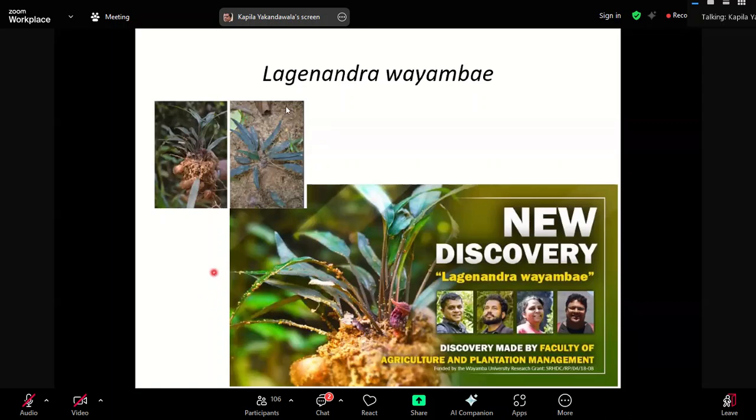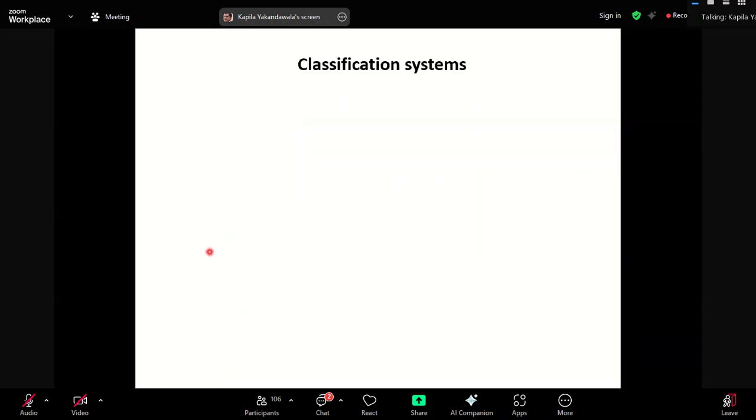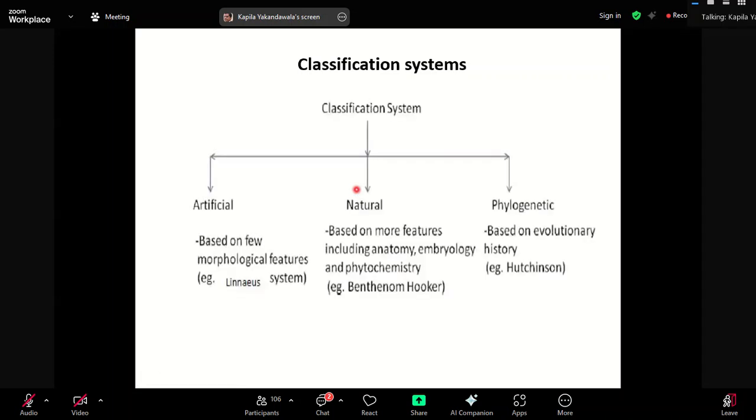We named it based on the code of botanical nomenclature, the International Code of Botanical Nomenclature. We have to follow this, right? Okay, so those are examples. You don't have to remember those examples, but they convince you of the importance of correct identification and giving proper botanical names. I gave you a few examples, right?